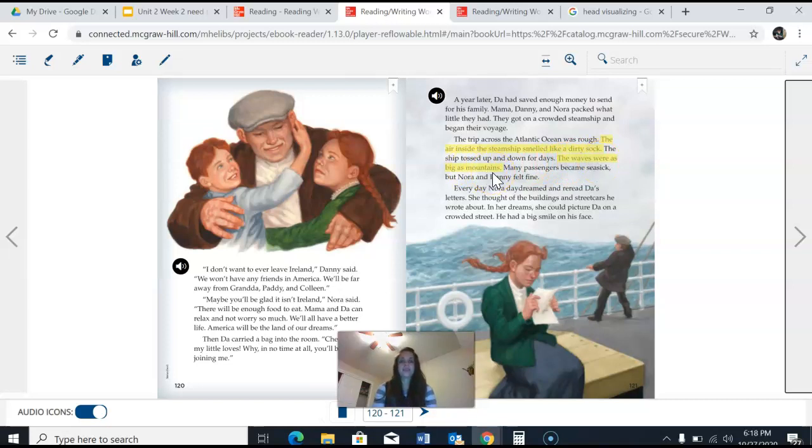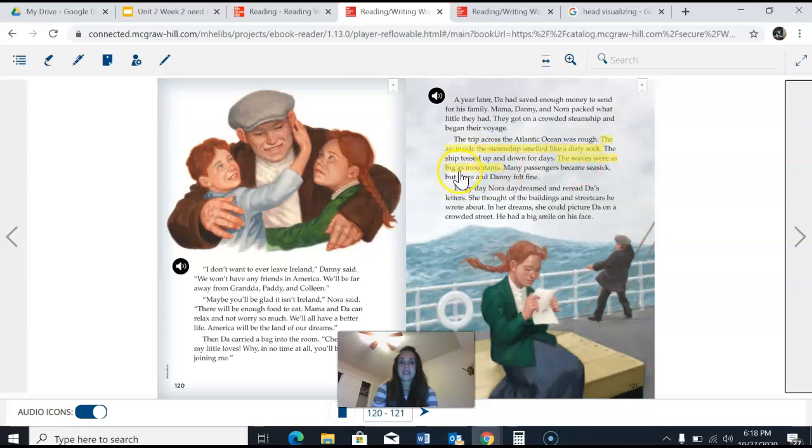Okay, so the purpose of a simile is to compare two very different things using like or as, and it helps us to visualize the events. So we're comparing the size of the waves to mountains.